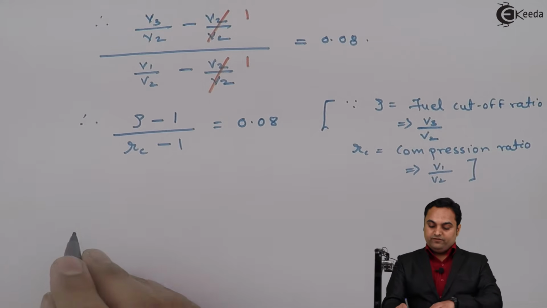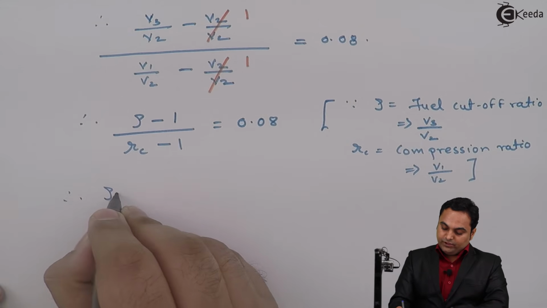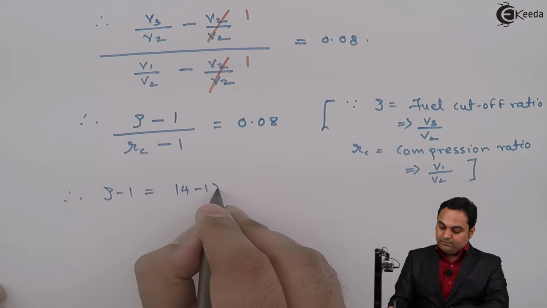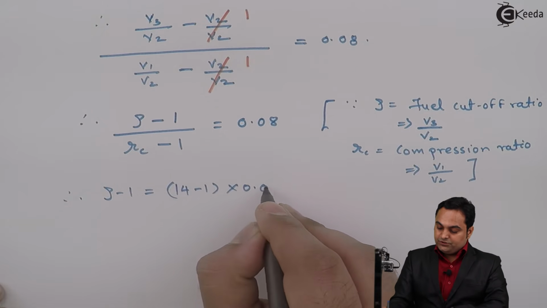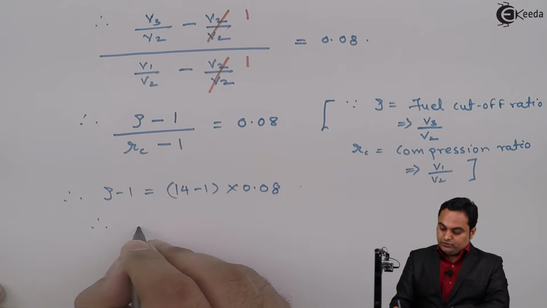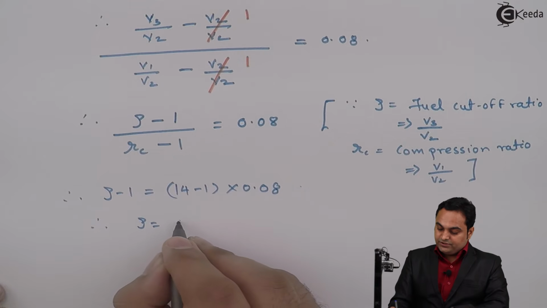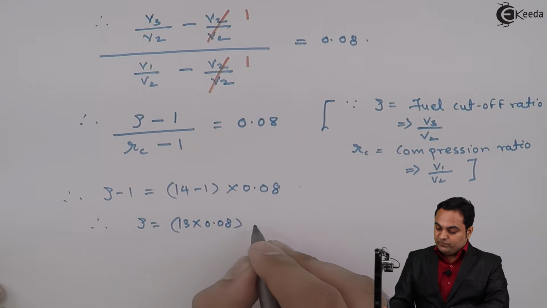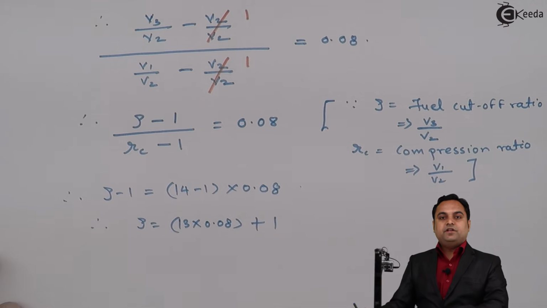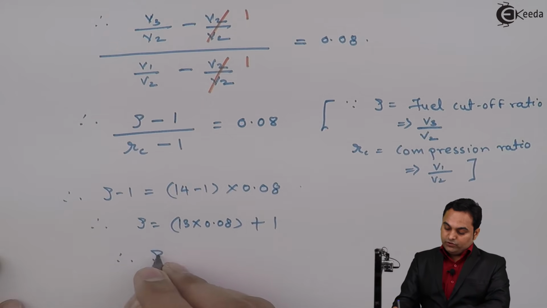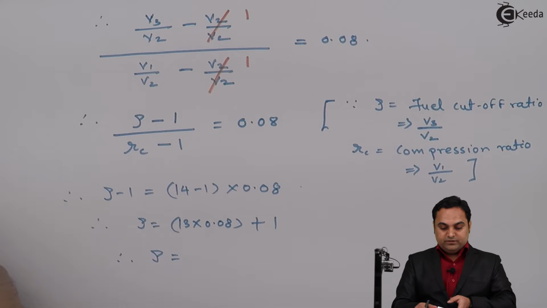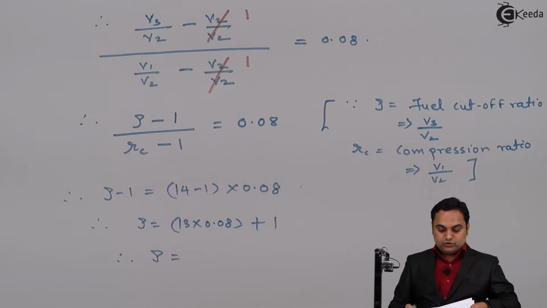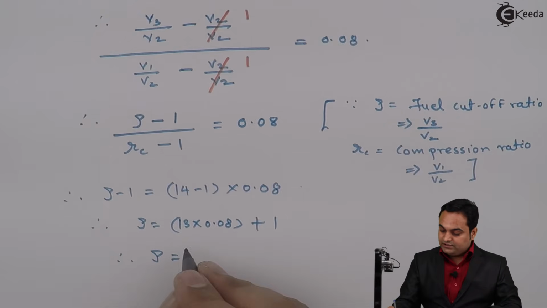So now I'll keep rho here, so rho minus 1, RC minus 1, RC is 14 given, minus 1 into 0.08. So therefore rho will be here, this is 13 into 0.08 minus 1, when it goes on to the other side it becomes plus 1. So therefore the value of rho comes out to be 2.04, the answer which I have.